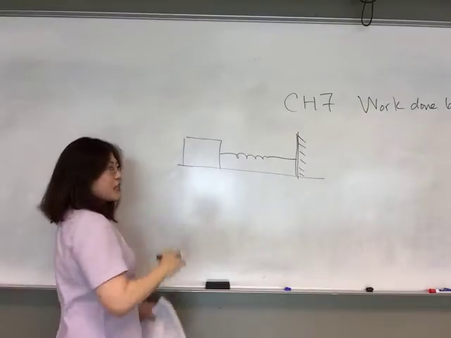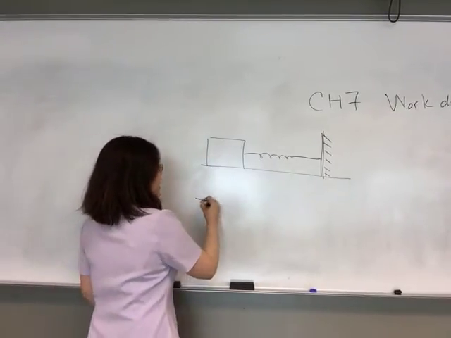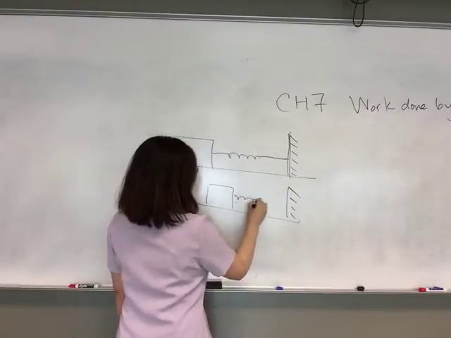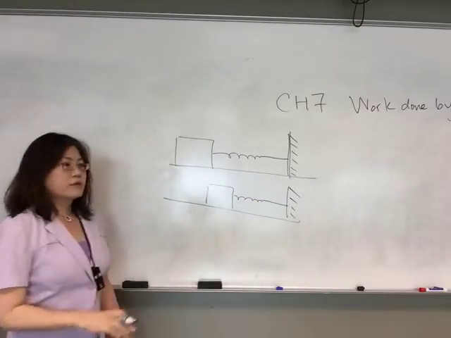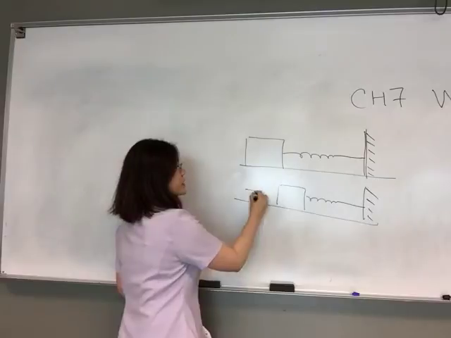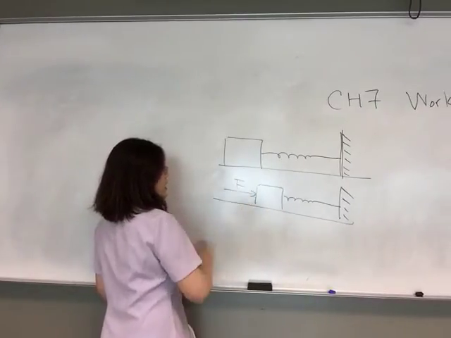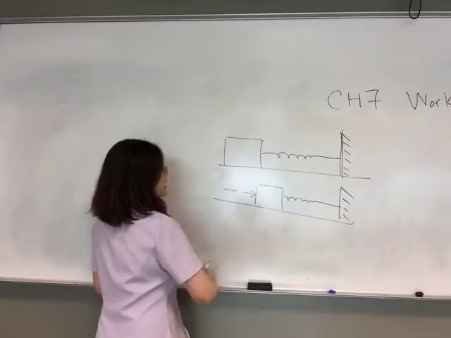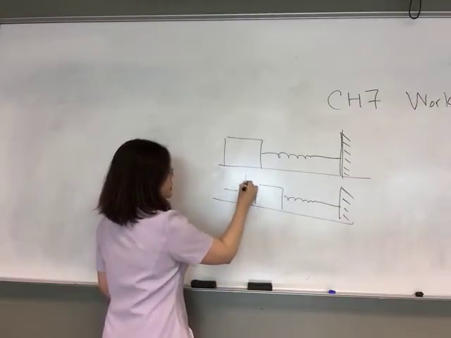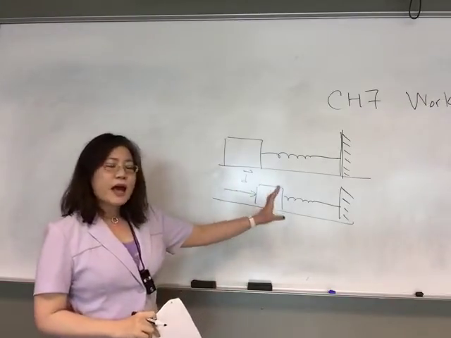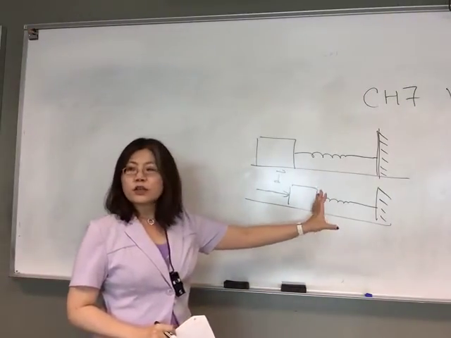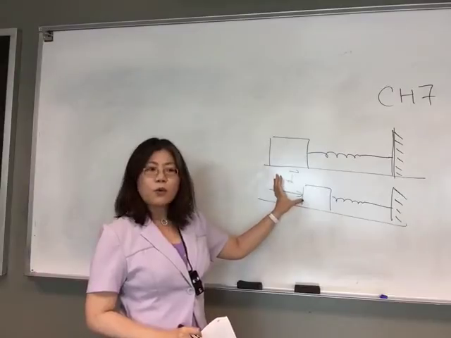So there's a force acting on the object. Let's say you compress the spring. So the spring is compressed. You push it this way, so this is the applied force. When you push this way, this is your displacement. You push so that the spring is being compressed. You feel that the spring wants to reach its natural, original state.